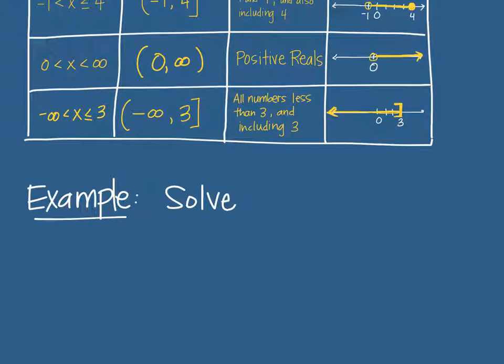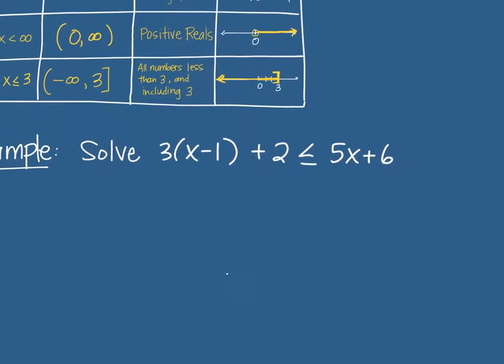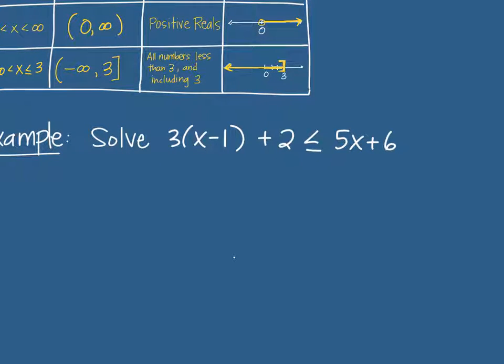Again, it's solve. And when it's solve, we're working towards getting x by itself. And so you might have a problem that's like this. Solve the problem 3 parentheses x minus 1 plus 2 less than or equal to 5x plus 6. So then that becomes an inequality for you to work towards getting x by itself.